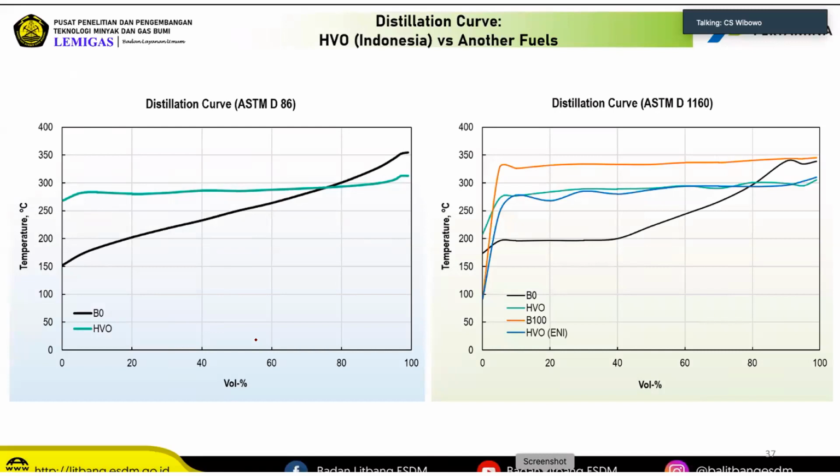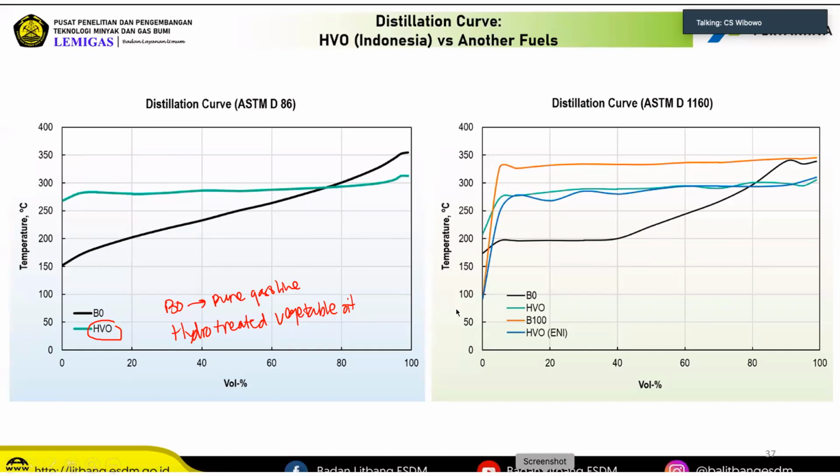Okay, so these are examples of the distillation curve. In here we have, for example, the HVO. So again, HVO is hydrotreated vegetable oil, while B0 is, I think, the pure gasoline from the crude oils.